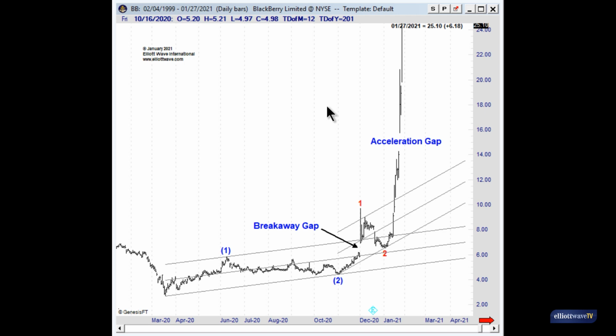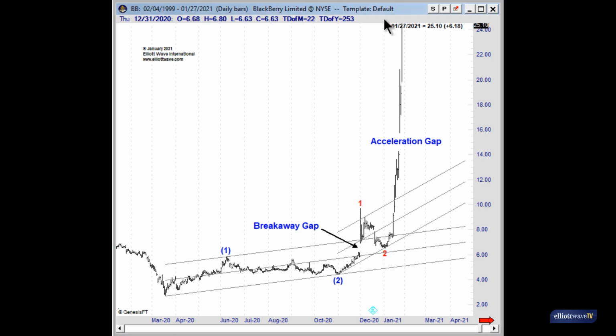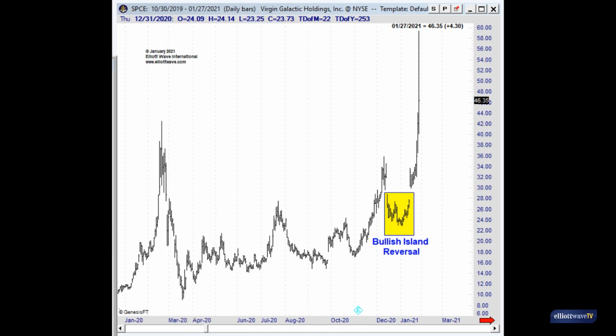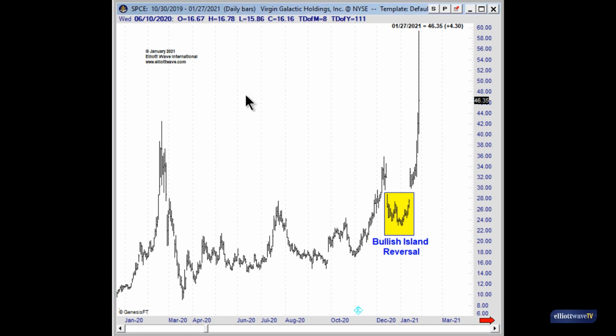This is BlackBerry. Now, price gaps can also identify significant reversals of trend. For example, this is Virgin Galactic Holdings, ticker symbol SPCE, and you'll notice between December and January, we saw 2 gaps. One was a gap to the downside, and then in January, we saw a price gap to the upside.